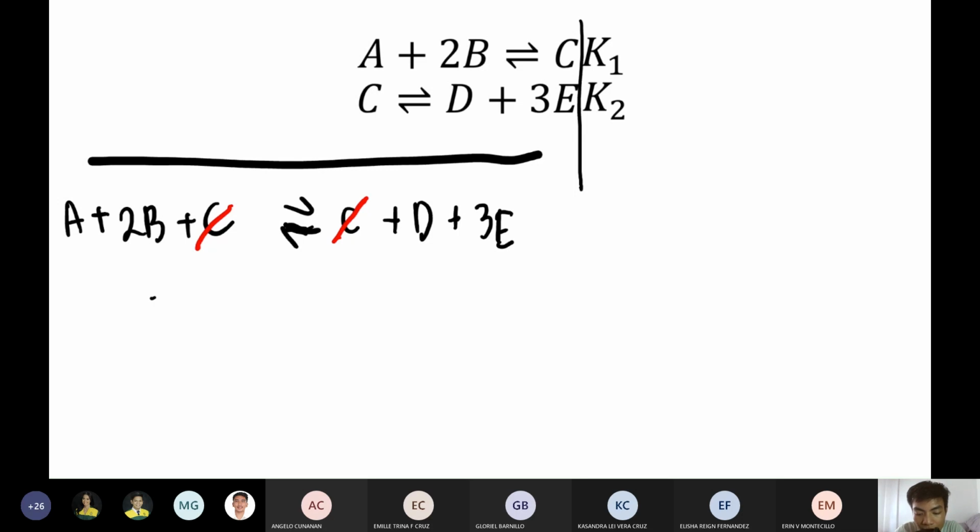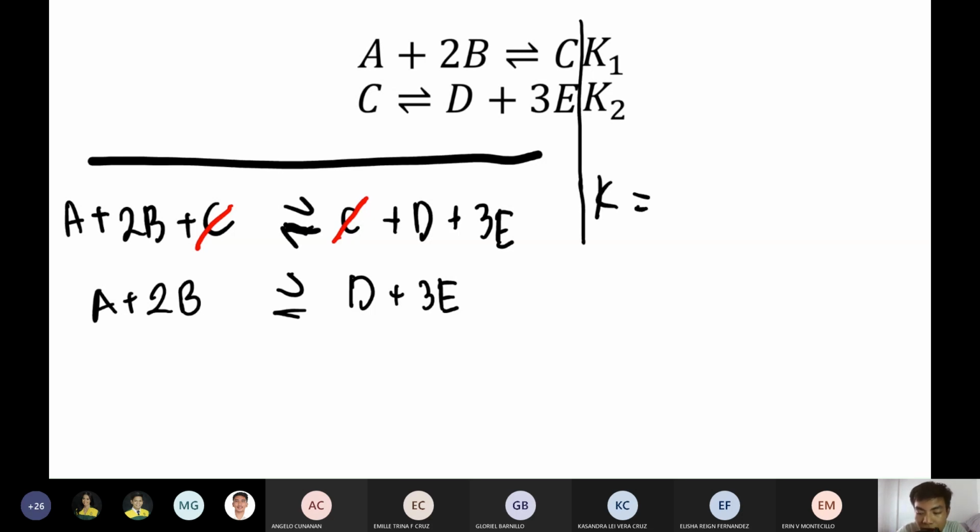So our overall equation will be A plus 2B in equilibrium with D plus 3E. Okay? Ano mangyayari sa K nun? Pag pinagsama mo daw, sabi niya, yung K overall will be the product of the two K's. No? So, yan yung product ng dalawang K.